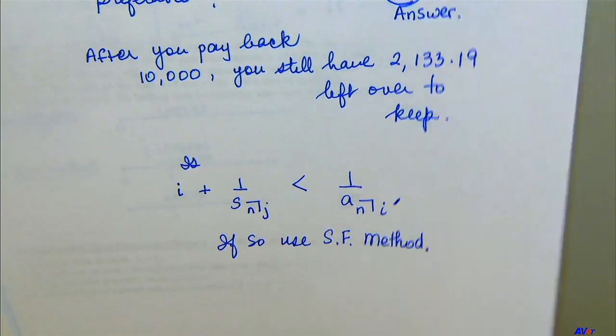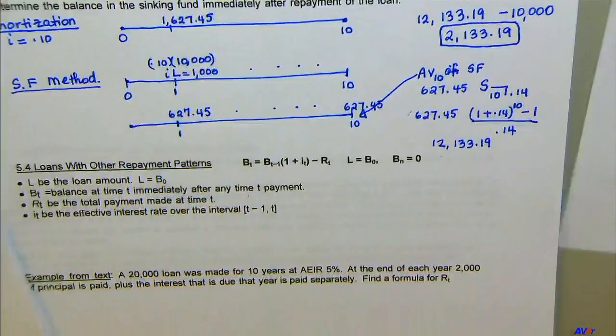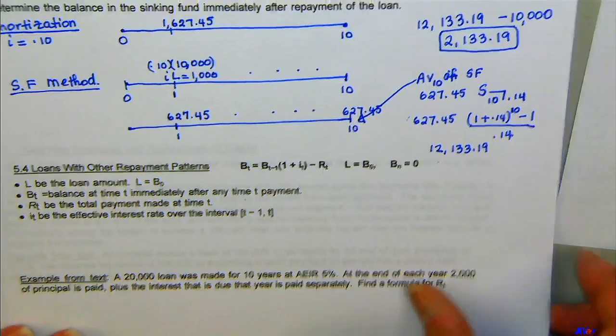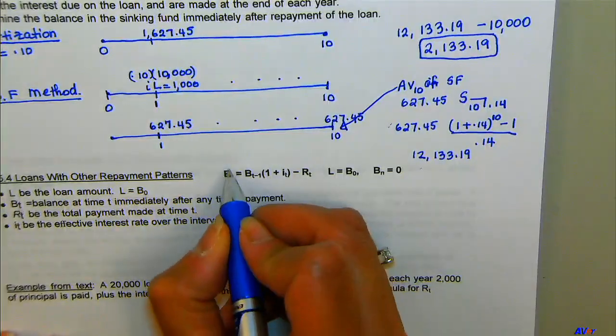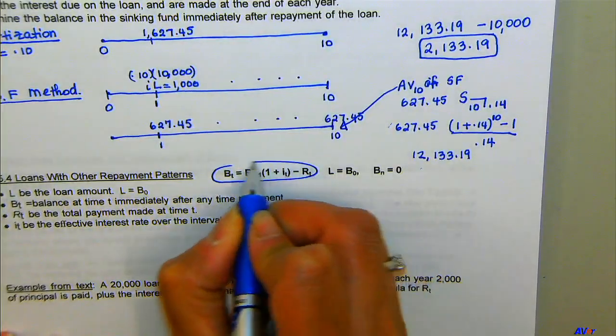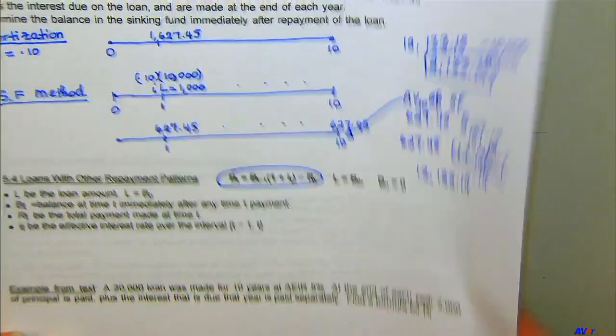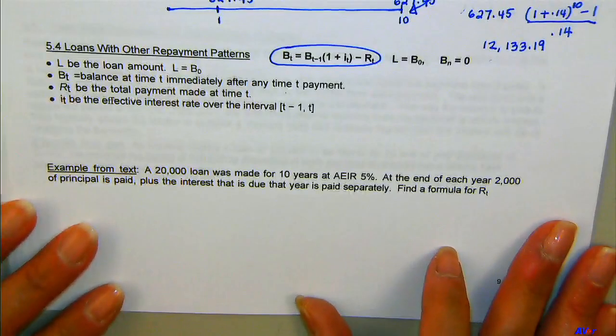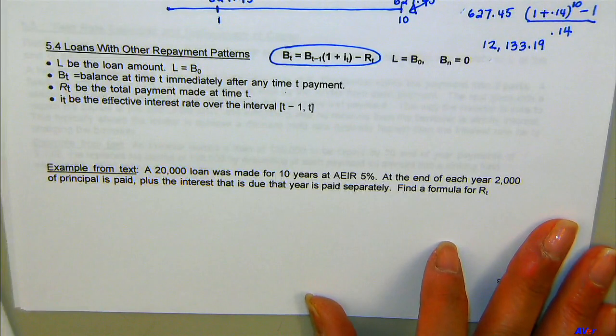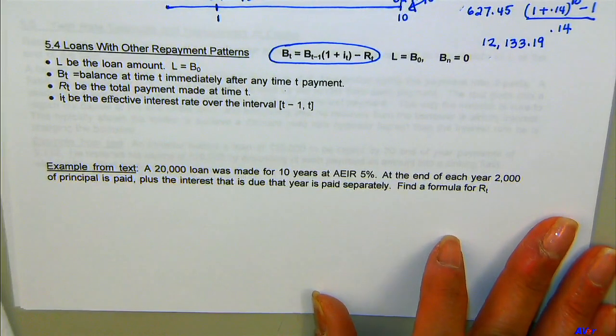Okay, let's move on. Loans with other repayment patterns. Here's a formula that should go on your cheat sheet; it will come in really handy. Some of the older problems we were doing asked you for OLB 83, and then the next part said find the interest in the 84th payment.